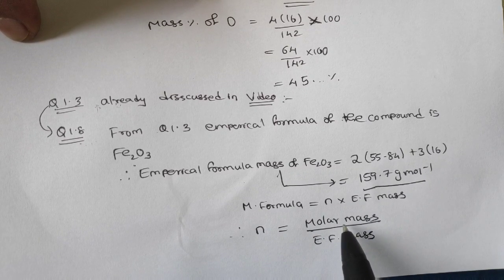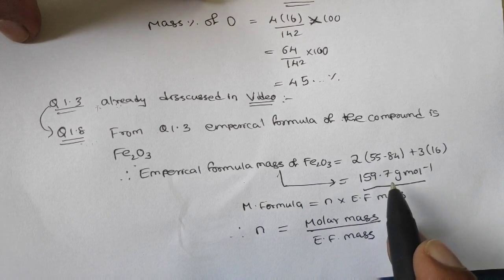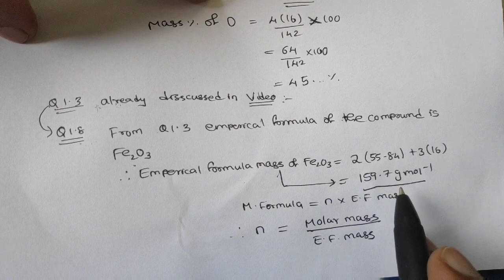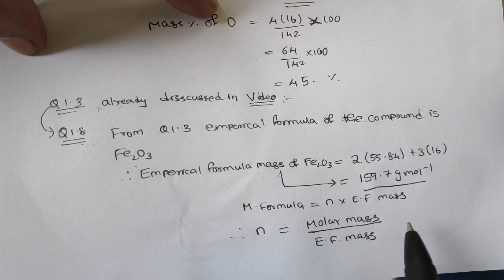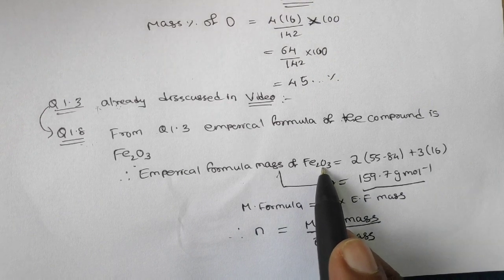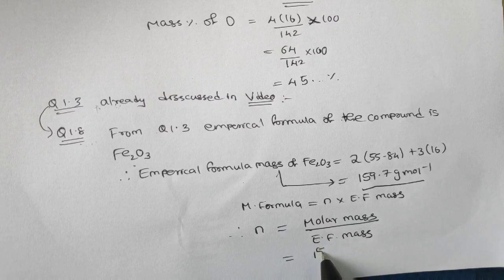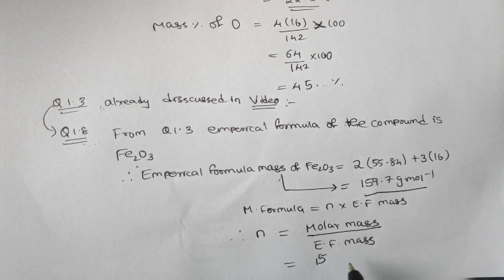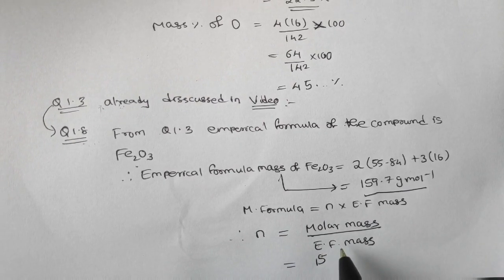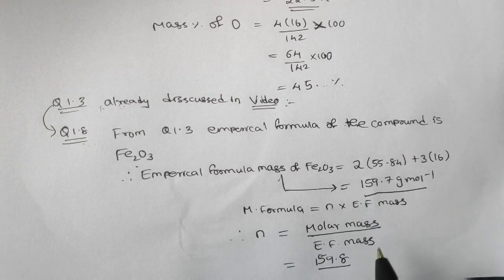Now the mass we got here is 159.8, which is the molar mass of this Fe2O3, if you calculate according to the data.